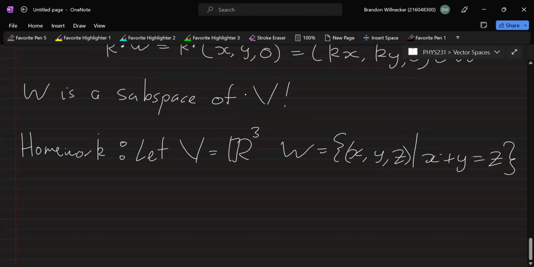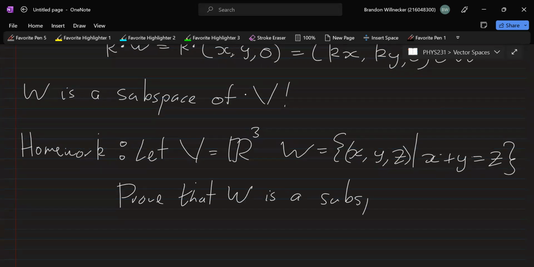We only choose the elements such that the first component plus the second component is equal to the third component. And then the homework is to prove that W is a subspace.